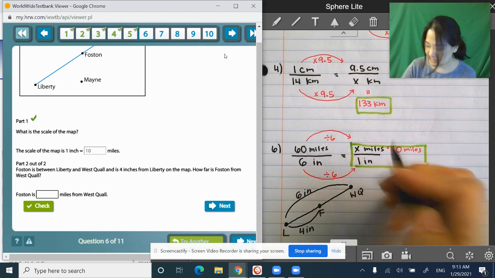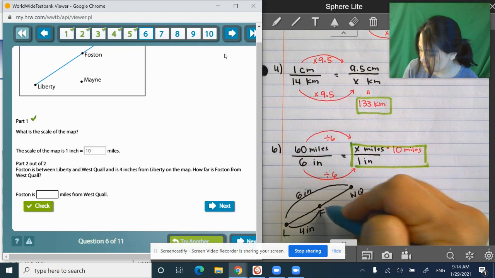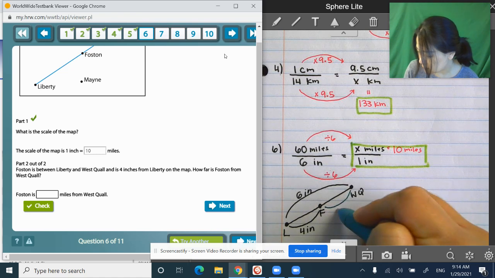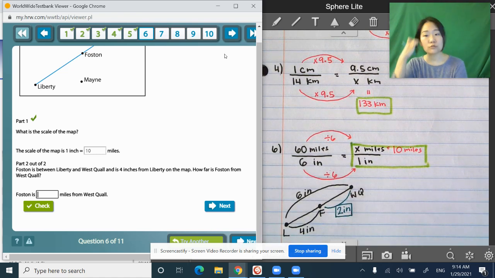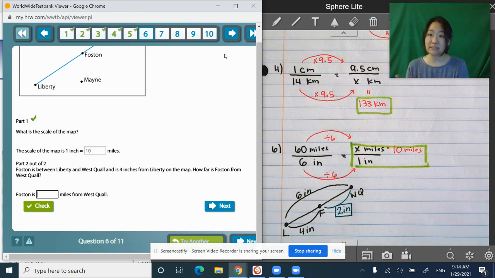That makes the distance from Boston to West Quail, which is what we need to know, 2 inches on the map. Then they're asking what the actual distance is.